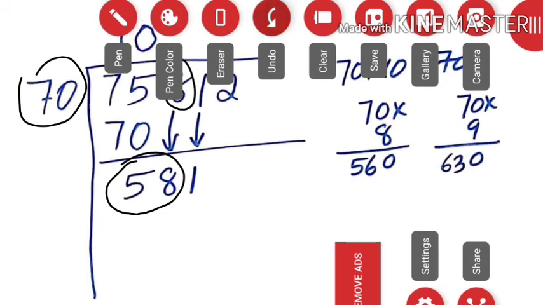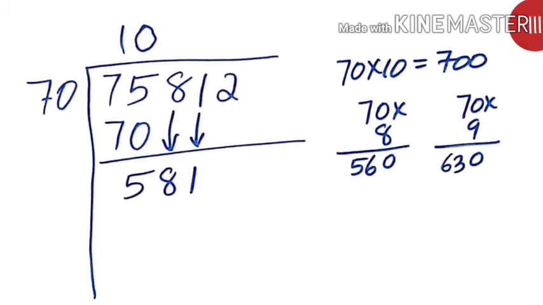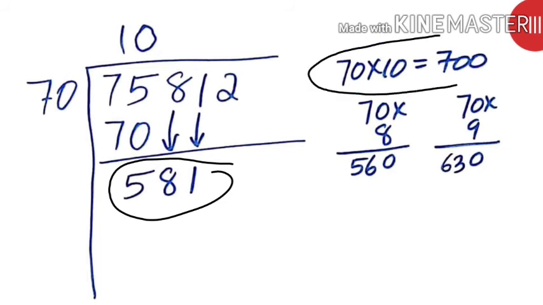That is 581. How many 70s are there in 581? We know 70 into 10 is 700, because we add a 0 while multiplying with the 10.